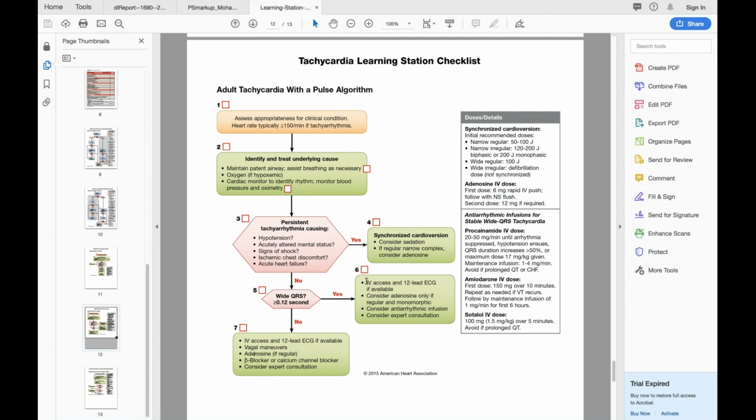But if he has a wide QRS complex, you will go through this one and consider antiarrhythmic infusions. The medications are procainamide, amiodarone, sotalol. We will give it in a more simplified way when we are there. But now, due to time limits, this is what I want you to remember.